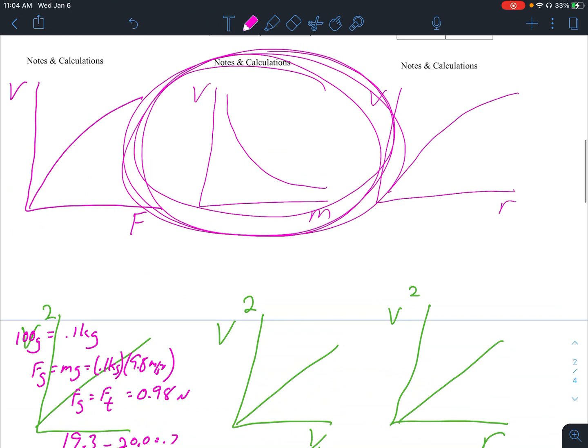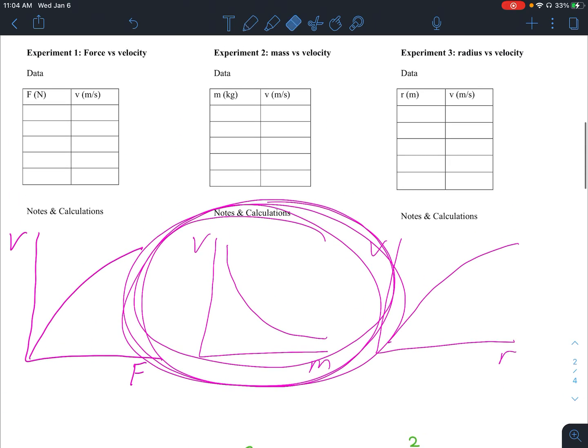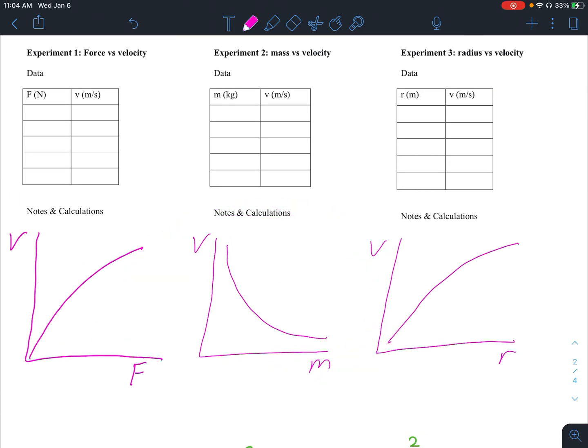So if we square this, it would straighten our line. That's an inverse relationship.